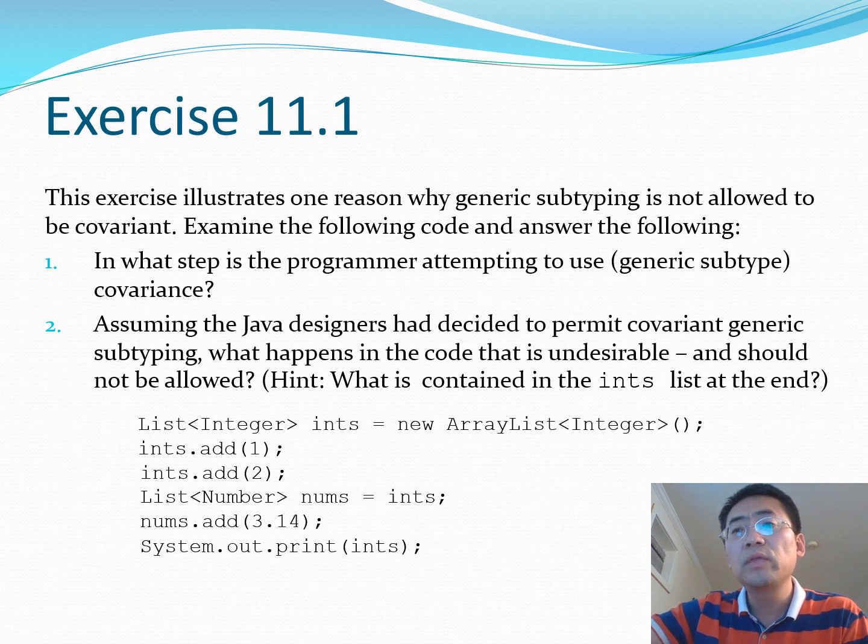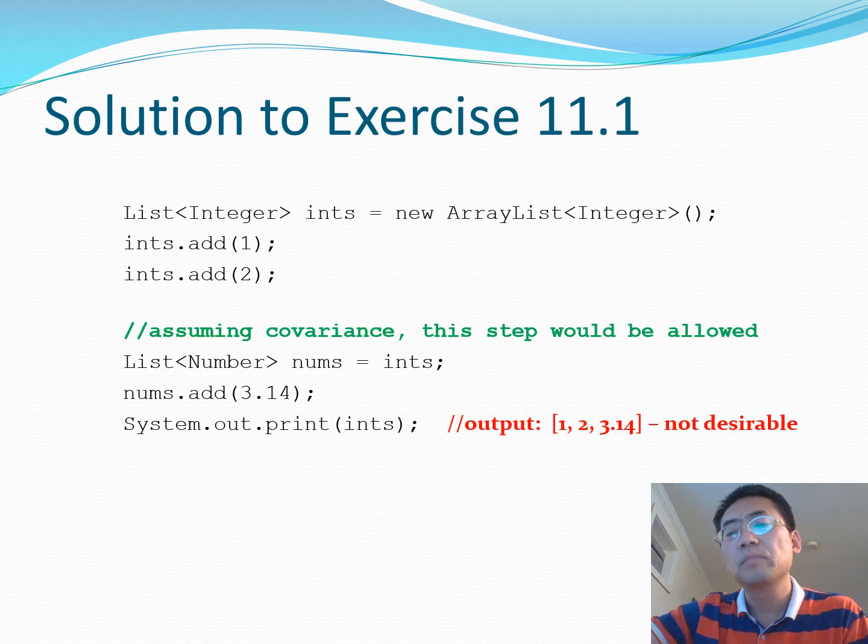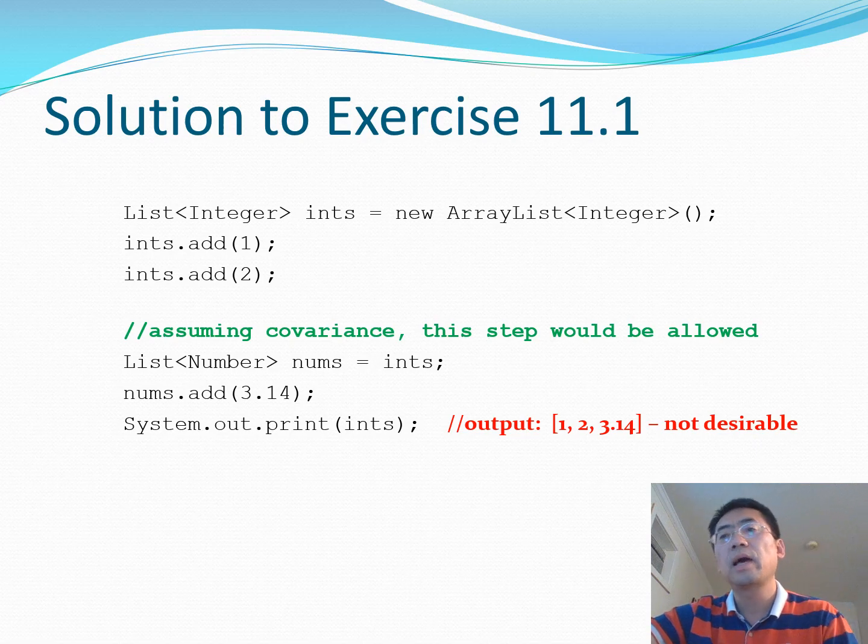And just imagine, with a list of Number, I can always add a float or double. So you're actually allowing a list of integers to contain double and float numbers. Do you think that's a problem? Yes, of course. That would cause runtime exceptions.